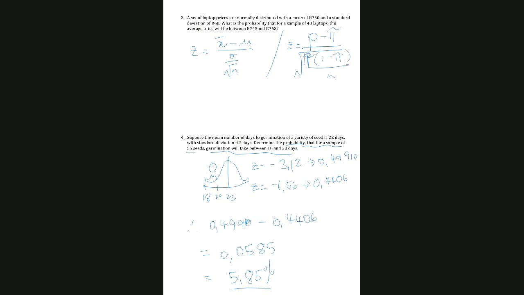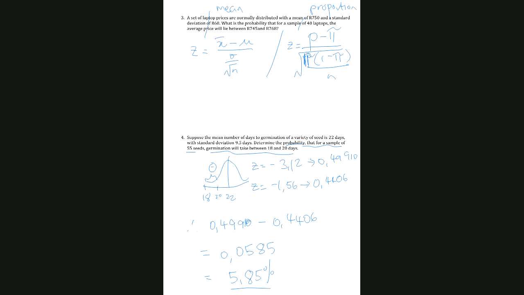So this is the mean, and this is the proportion formula. The mean says x bar minus mu over the standard deviation over the root of n, and then your proportion says p minus pi over the root of pi multiplied by 1 minus pi over n.